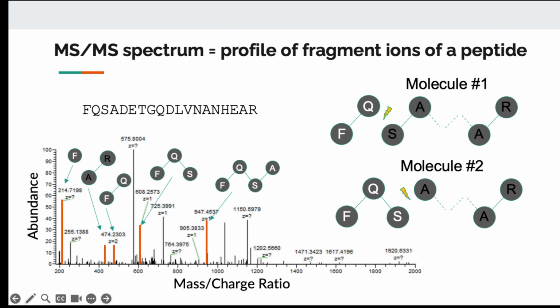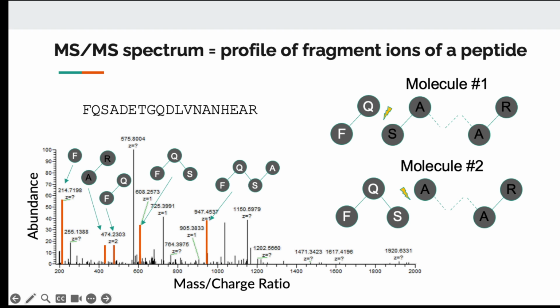The first molecule of the peptide might break at this peptide bond between Q and S. So the product will be FQ as one molecule, and SADET all the way to the end as a second molecule. Maybe a different molecule of the peptide breaks here between S and A. So the product will be the first 3 amino acids as one molecule, and the second part as a second molecule.